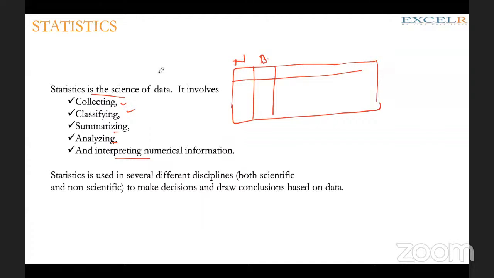Let's say, for example, we have collected data from the participants: the branch, location, the academic performance, and all those things. So these are the data that we have collected. Okay, so that is collection of the data.